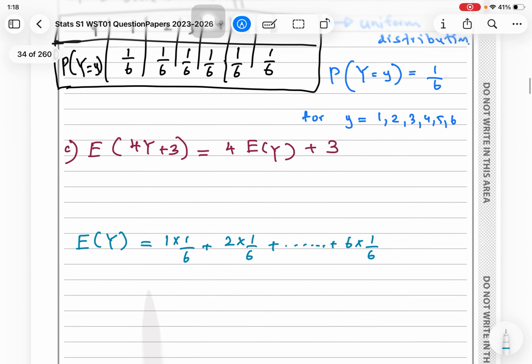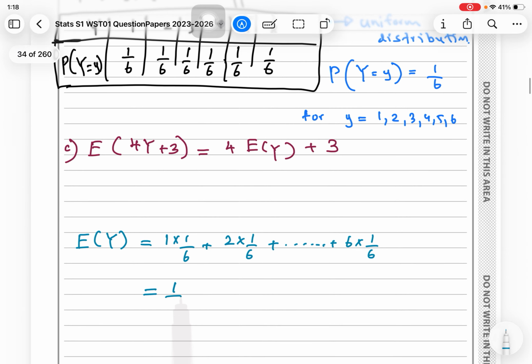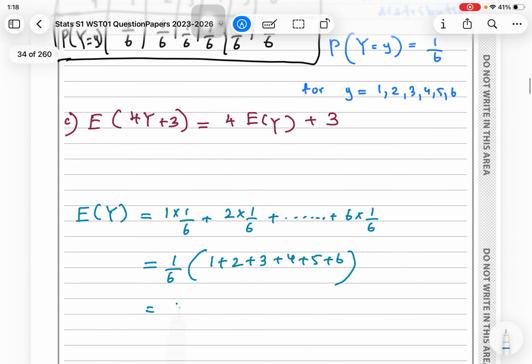Since it's a uniform distribution, you can take the common factor out. This would be 3.5. Okay, we got E(Y).